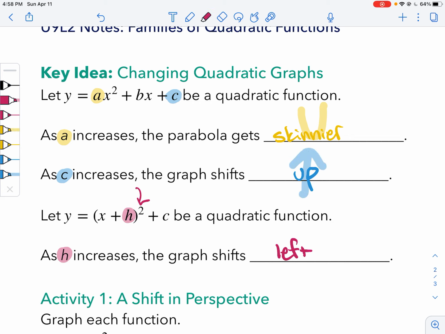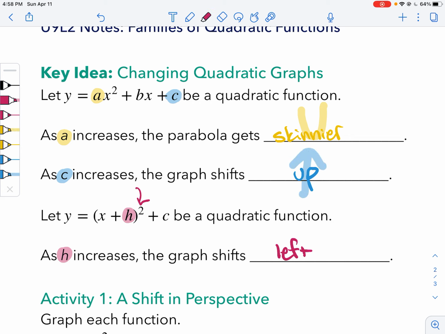If we have y equals x squared, 0 squared is 0. Let's do 1, 2, and 3 as well, and negative 3, negative 2, and negative 1. So we get 1, 2 squared is 4, 3 squared is 9, negative 3 squared is 9, negative 2 squared is 4, and 1.